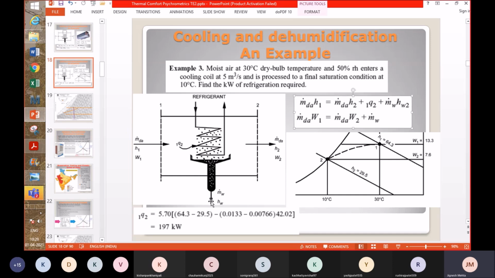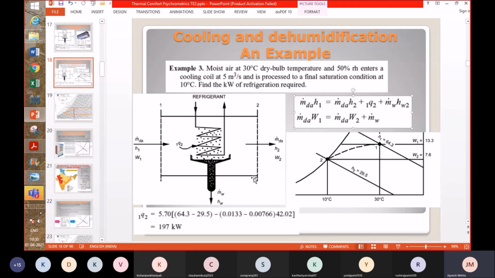which is coming out. Now, how to get the enthalpy of liquid water? In a way, you can directly get it from Cp into T, that is temperature in degrees Celsius, and you know the Cp, the specific heat, the average value, and that is somewhere around 4.2. Many times you take it 4.187, right?